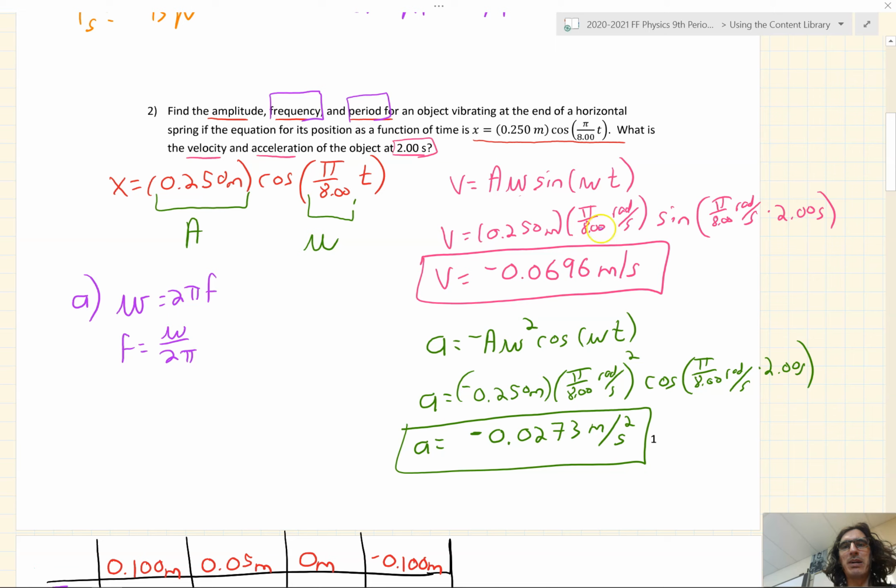We already know that omega is pi over 8 radians per second. So we can say f equals pi over 8 radians per second all over 2 times pi. Plug and chug and we get a frequency equal to 0.0626 hertz.